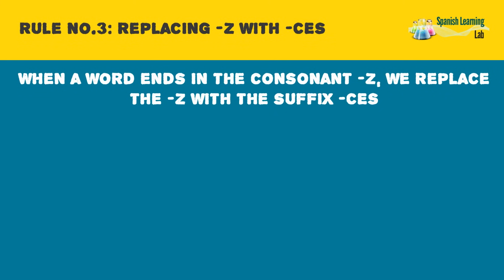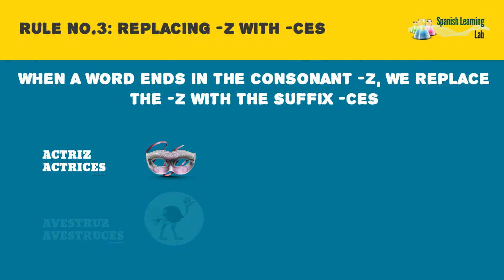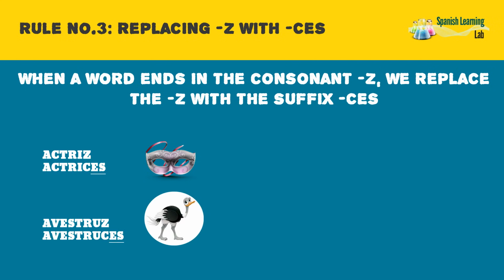Rule number 3. Replacing z with ces. When a word ends in the consonant z, we replace the z with the suffix ces. Pay attention to how these nouns ending in z in the singular form then end in ces in plural.